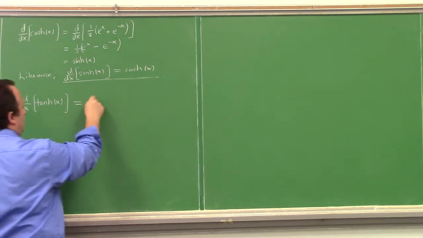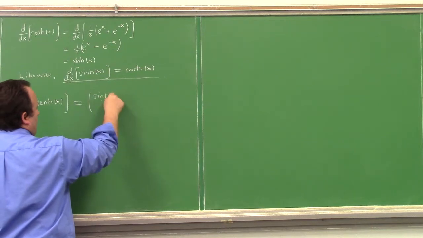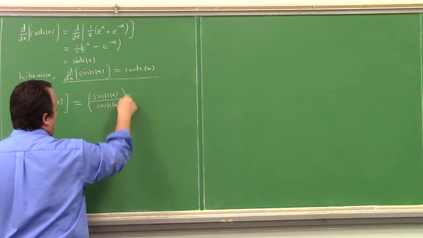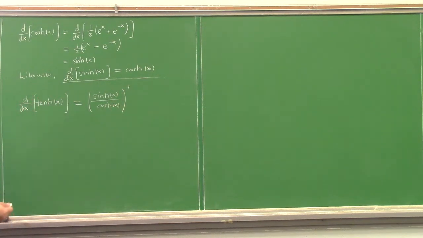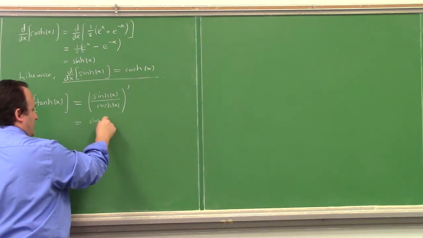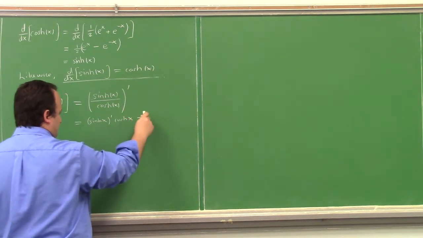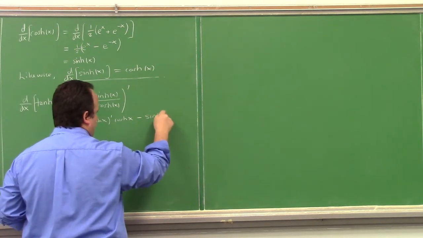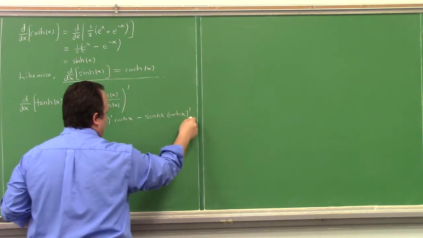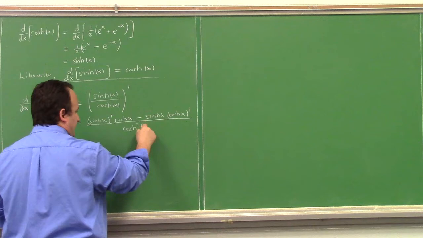So we're looking at sinh over cosh, prime. Quotient rule says that's sinh of x differentiated times cosh x, minus sinh times the derivative of cosh, divided by the denominator squared, which here is hyperbolic cosine squared.